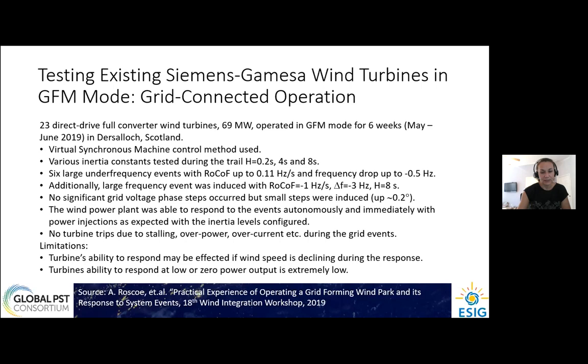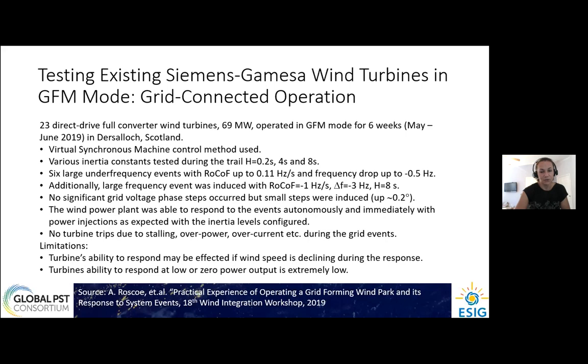Right, I think that's probably the largest test available to date for grid forming inverters connected to a bulk supply system. This one had 23 direct drive full converter wind turbines, with a total capacity of 69 megawatts.